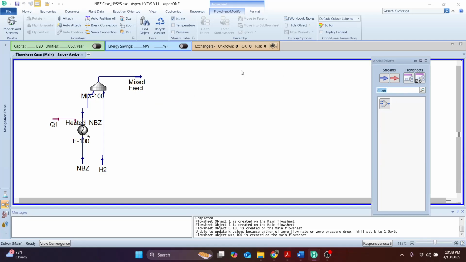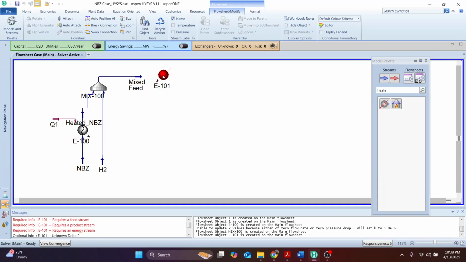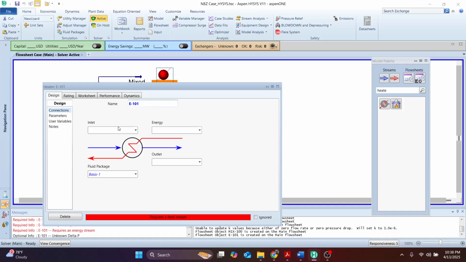That means we can now heat it one more time, as I said, so that the duty of each heat exchanger or heater will not be that high. Mixed feed. And because after this heating the condition of the feed will be directly suited for the PFR, the reactor, we're just going to set the outlet as PFR feed. Now with the energy, just say Q2.